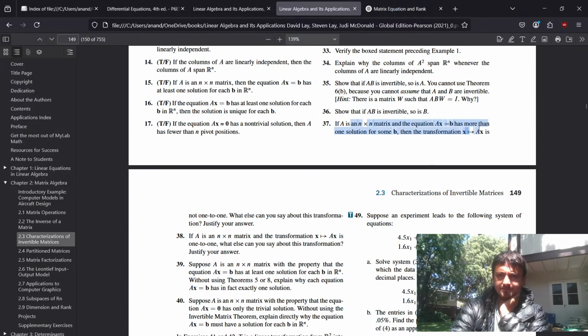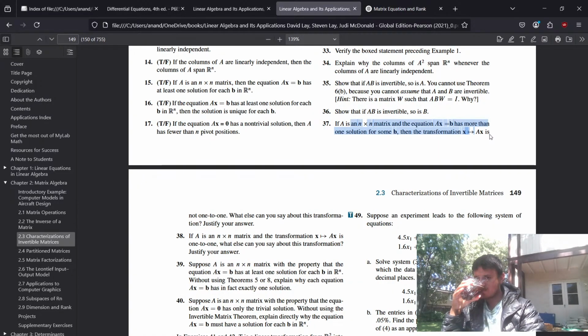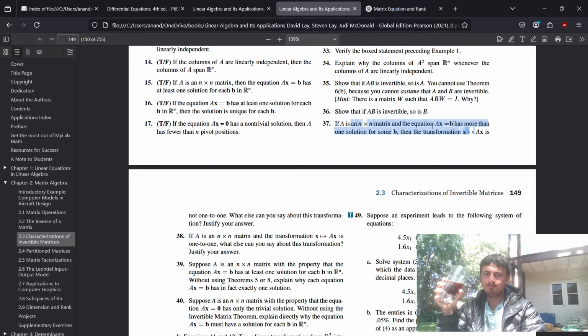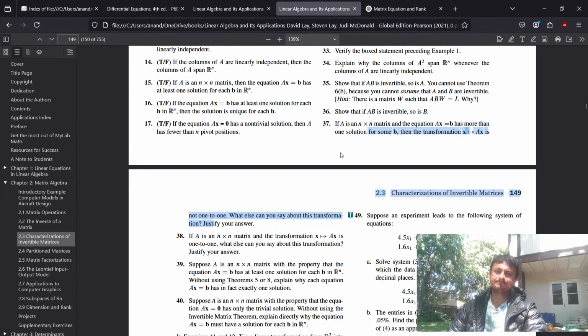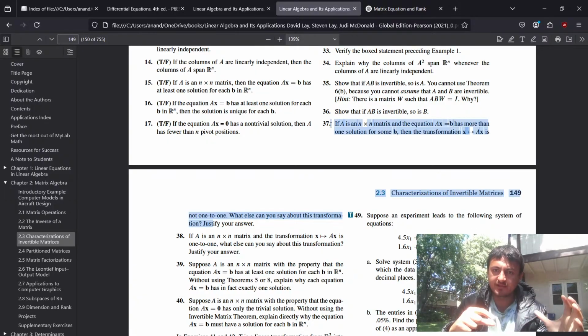A is n by n. Well, because it's not one-to-one, you're going to have a dependence, because you're going to take two vectors that go to the same place. You take their subtraction, you apply the transformation.